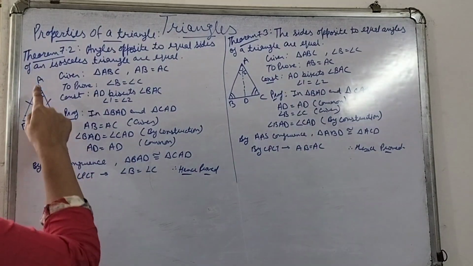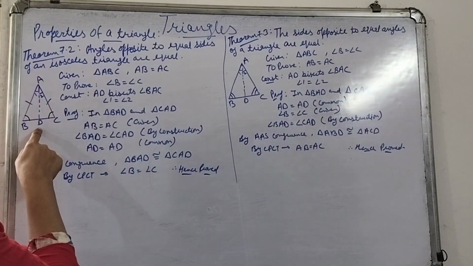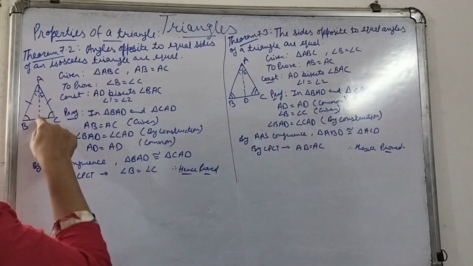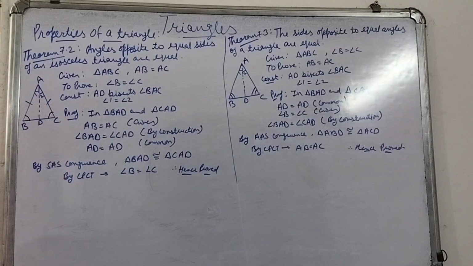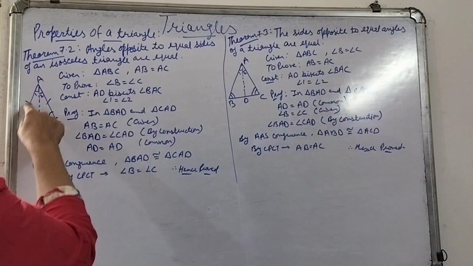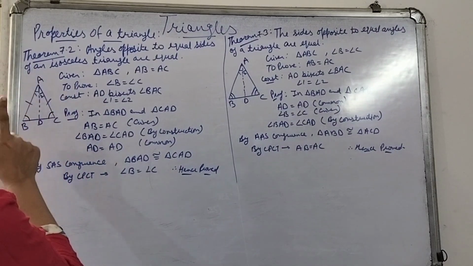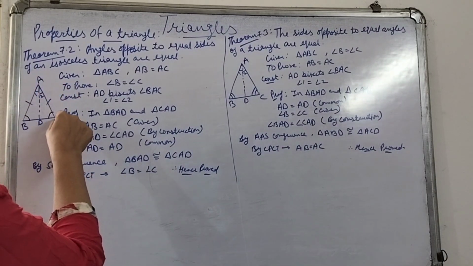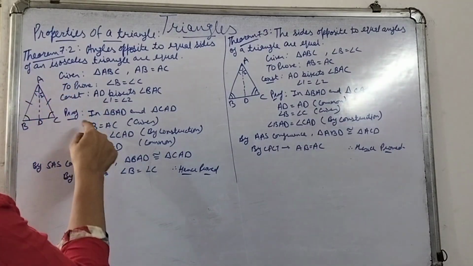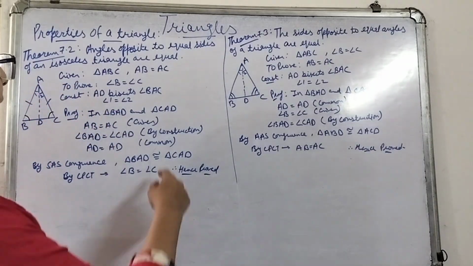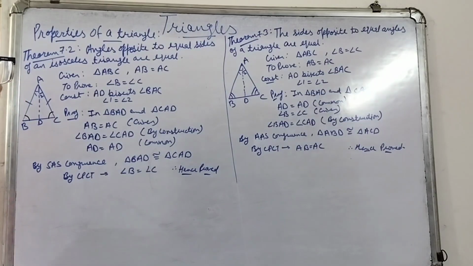Now if we look at the two triangles BAD and CAD, we can see that AB of triangle BAD is equivalent to AC of triangle CAD, as it is given to us in the question.